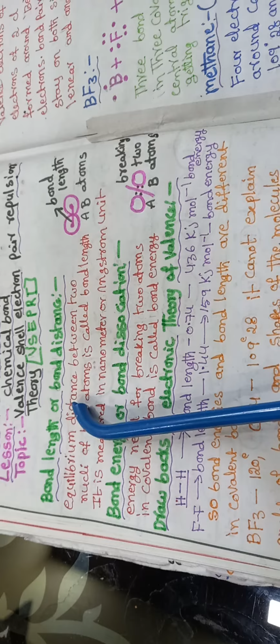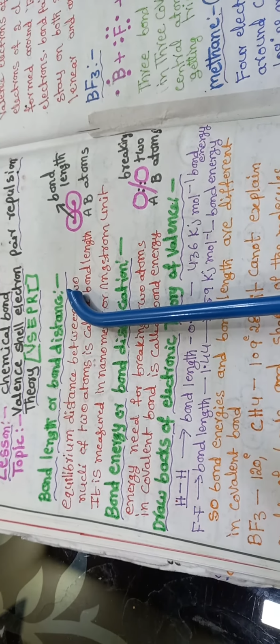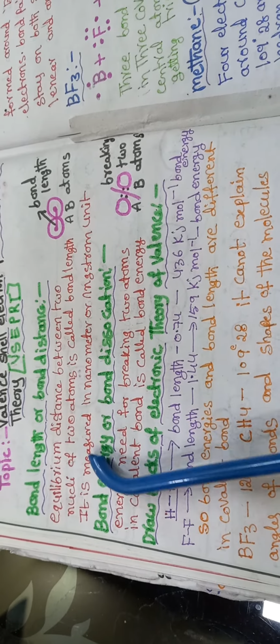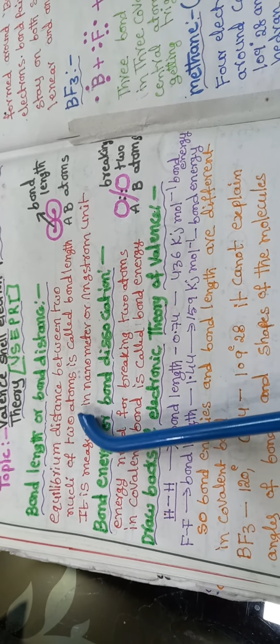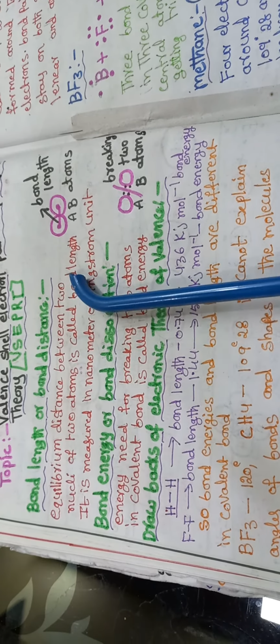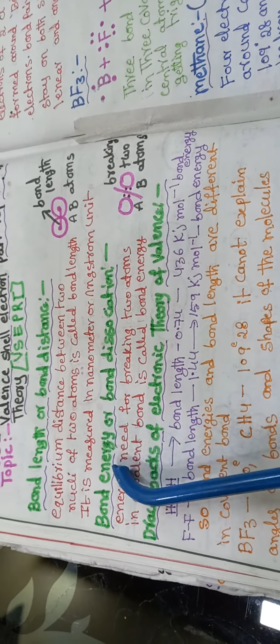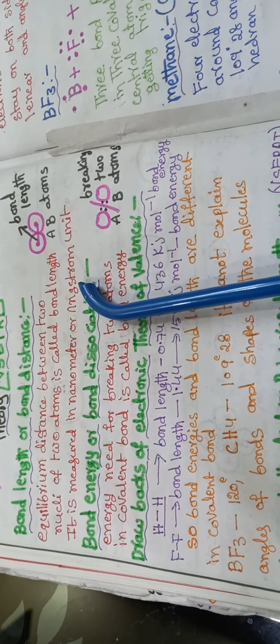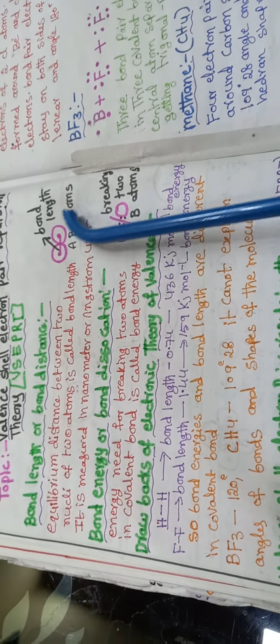Bond length or bond distance. The equilibrium distance between two nuclei of two atoms is called bond length. It is measured in nanometer or angstrom unit.